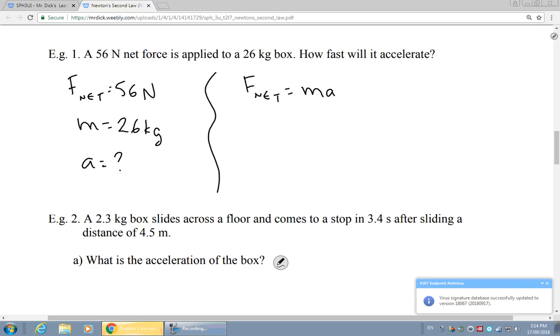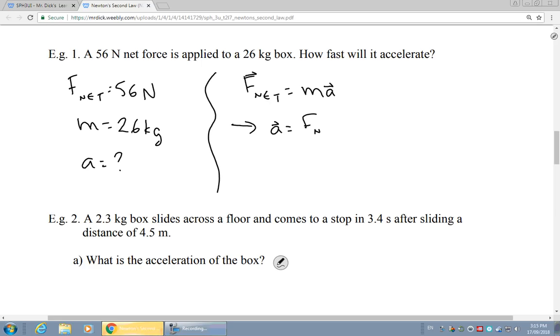We can always start with this formula. And again, technically it is true that the vector versions of these variables are equal to one another, but we're just going to be focusing on the non-vector versions of them as we actually go through this. So more specifically, we could rearrange this formula and say that a is actually equal to F net divided by our mass.